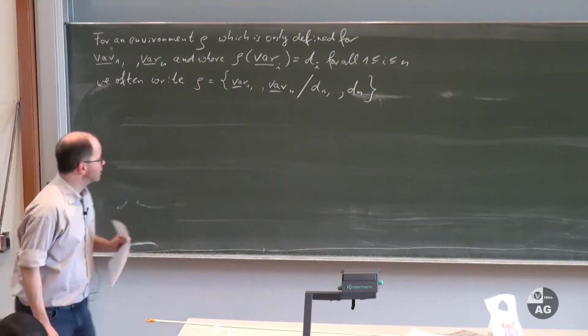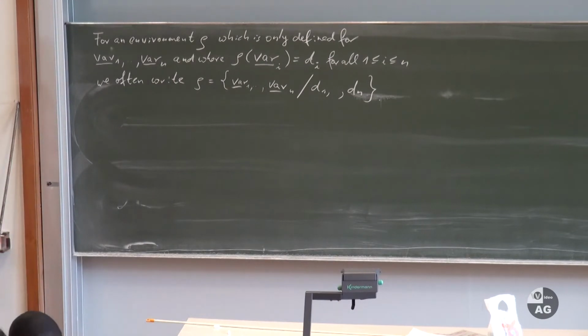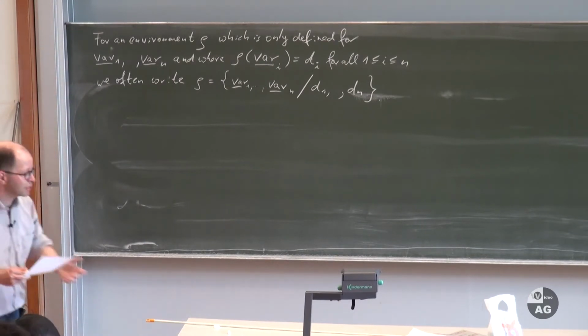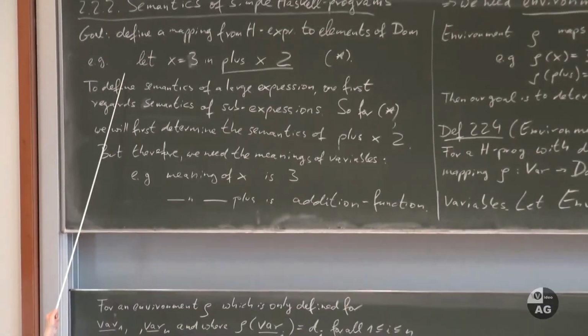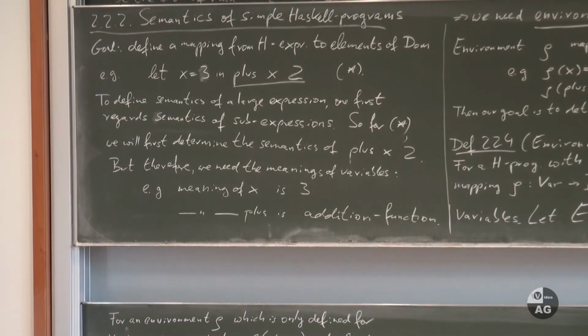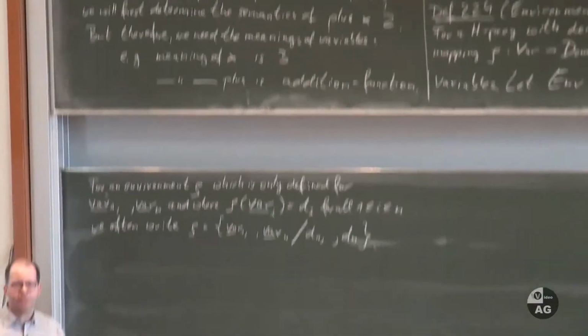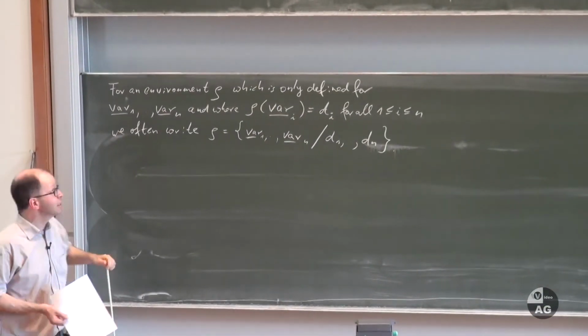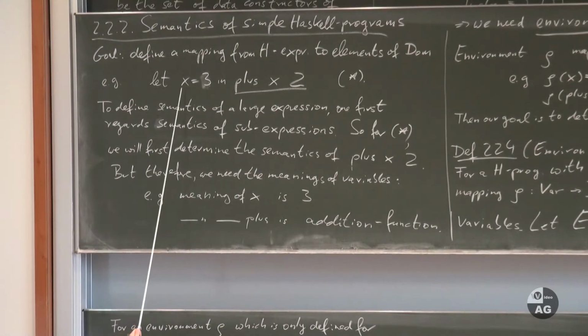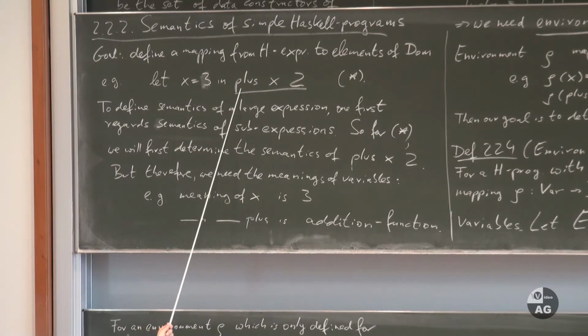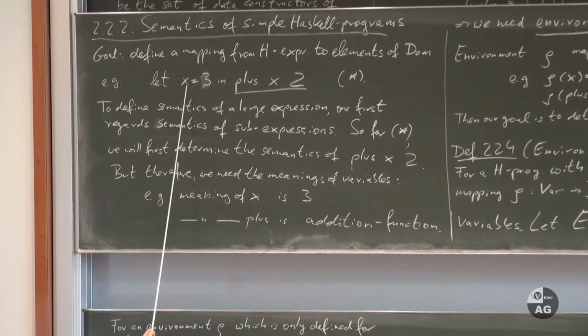And what we still need is, I mean, sometimes the environment changes. So if you look at this expression over here, before this let expression, there's some initial environment where probably plus is defined and a lot of predefined functions are defined. But as soon as one enters this let expression, the environment is extended because now x is defined as well. So at this position, plus is defined because it was defined earlier, but x is now also defined because it was defined over here.